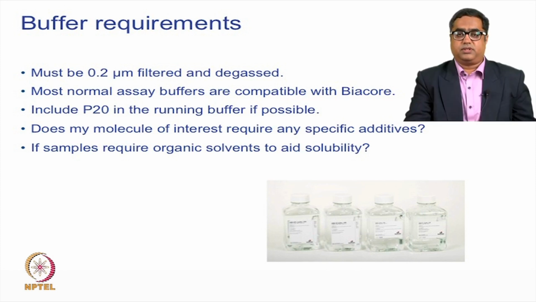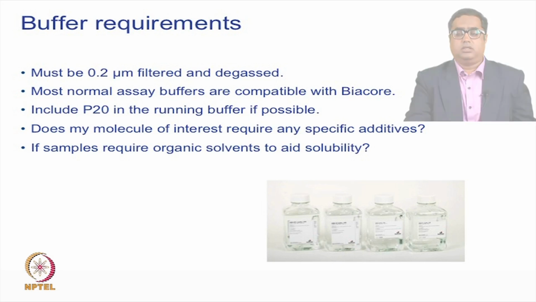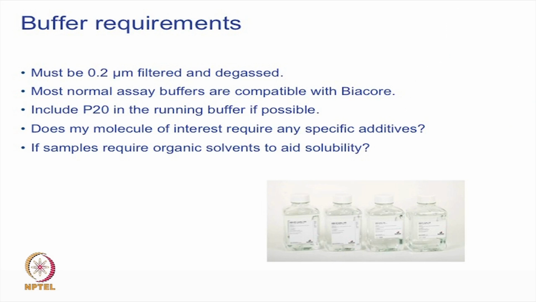All buffers are compatible with SPR systems, and it is sometimes very important to add a detergent to make sure there is very little non-specific binding. Most of the detergents used in running buffer to prevent non-specific binding are polysorbate 20, Tween, and SDS. All these molecules are added into buffers when they are prepared.